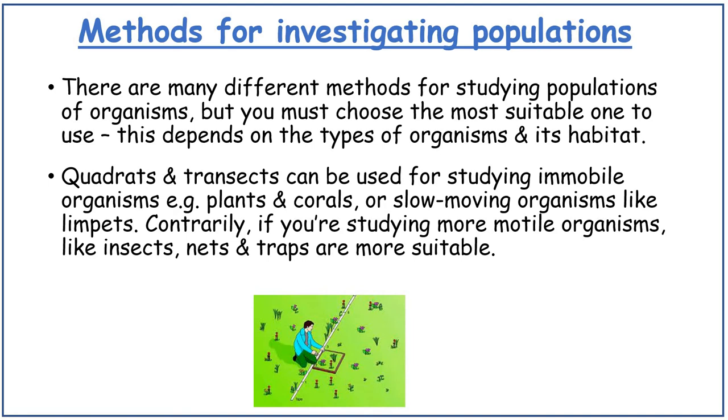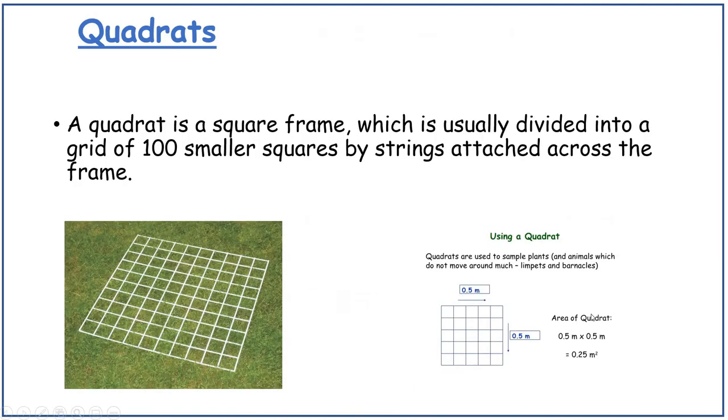On the other hand, if you're studying more movable motile organisms like insects or small animals like mice, nets or traps would be more useful. So a quadrat is a square frame which is usually divided into a grid of 100 smaller squares by strings attached across the frame.